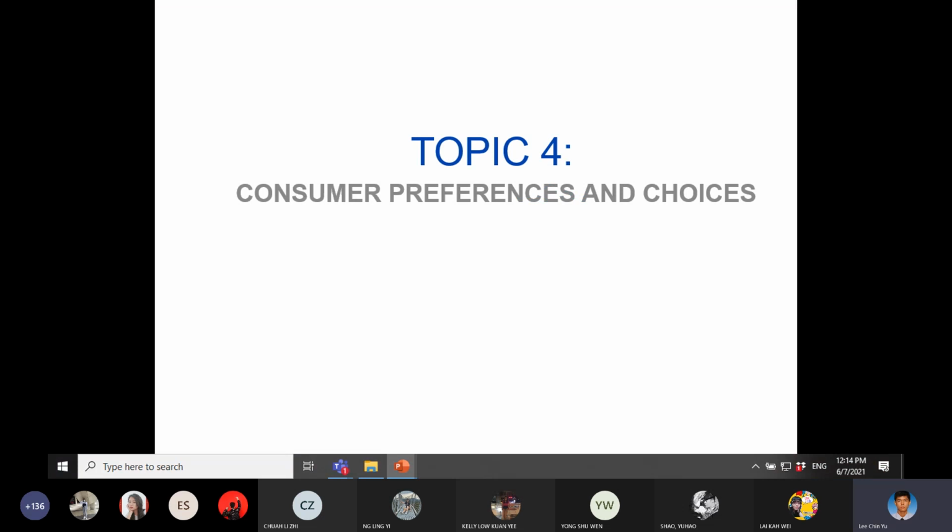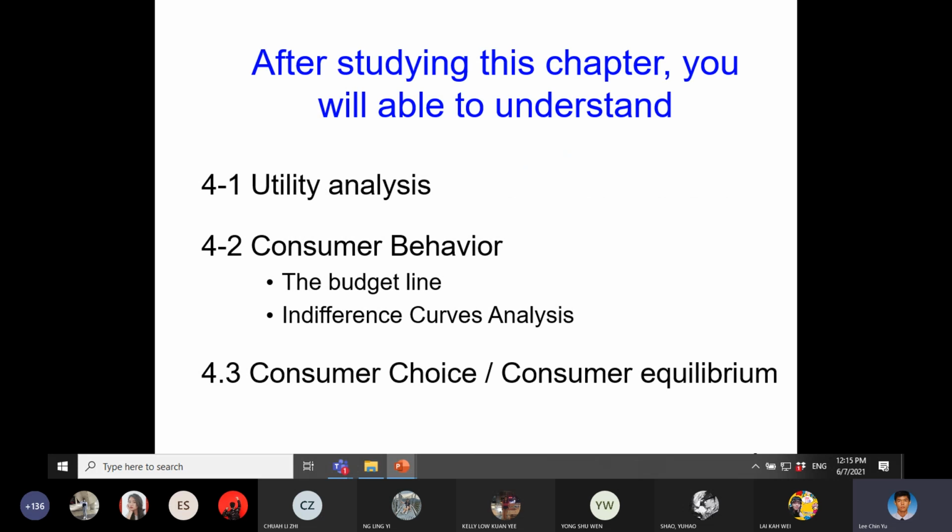Last week we learned about consumer preferences and choice, based on the subtopic utility analysis. We said that utility is divided into the one that we can calculate and the one that we cannot calculate.